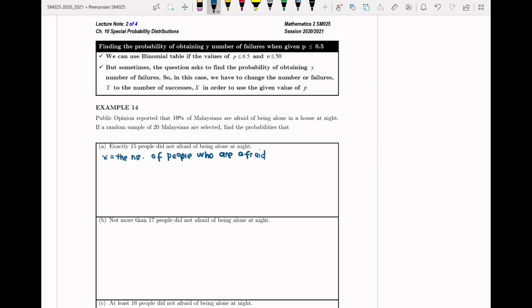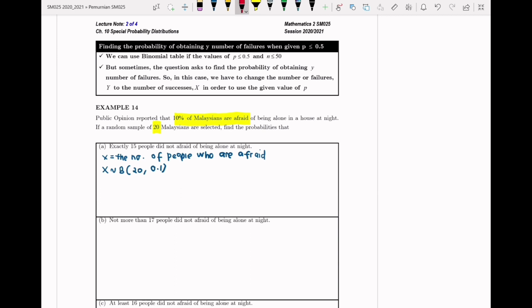So we can let X be a binomial distribution with n equals to 20 and p equals to 0.1 from this sentence. And we can let X be a binomial distribution because we can only have two outcomes, whether the person is afraid or not. Okay, so let's look at the question.